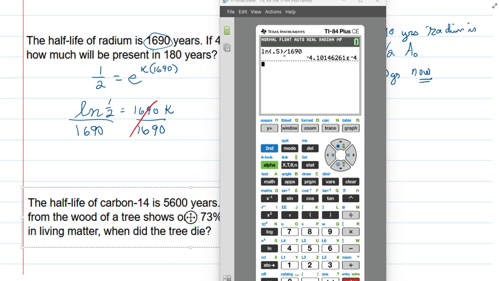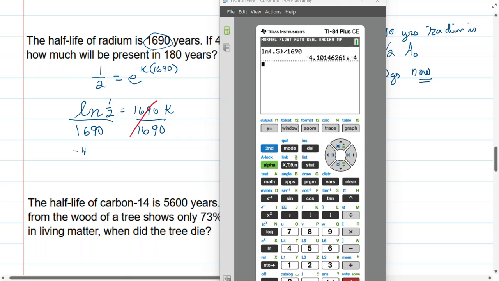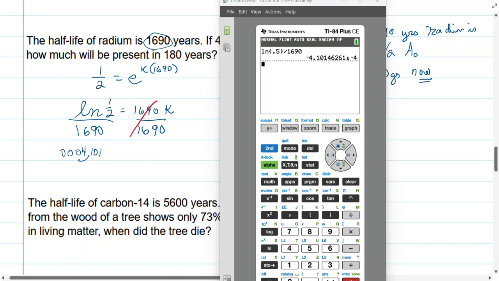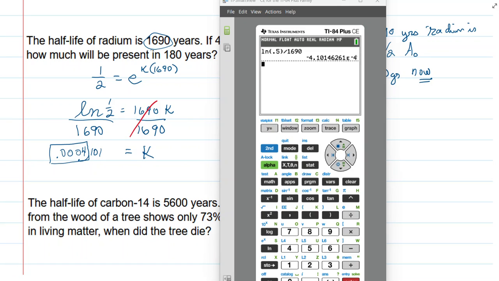Natural log of 1/2 over 1690, because we want our K, and it's a negative 4.101 e to the 4. Oh, sorry about that. This e to the negative 4 means we have a lot of zeros. I apologize. The e to the negative 4 is how many decimal movements to the left we're going.